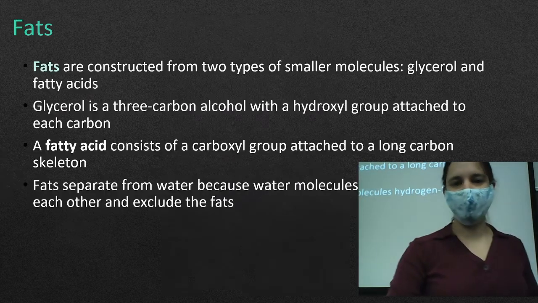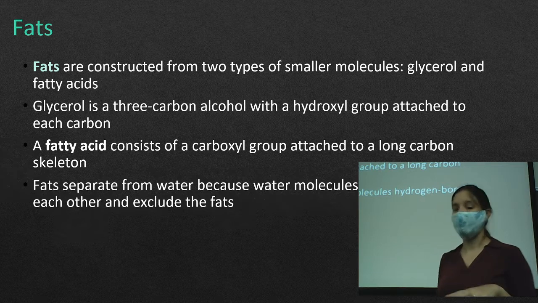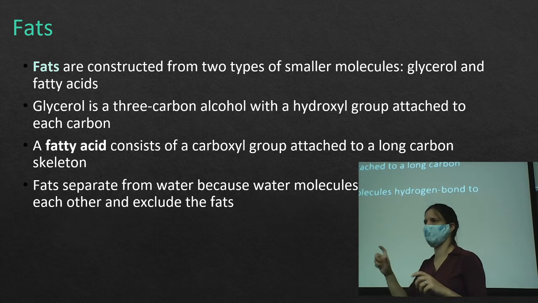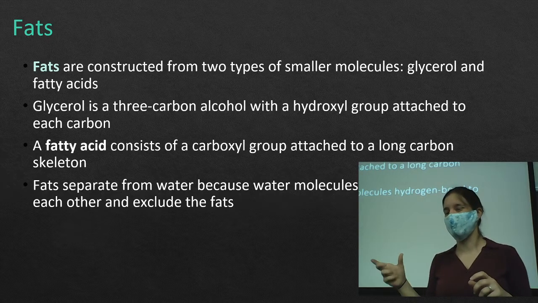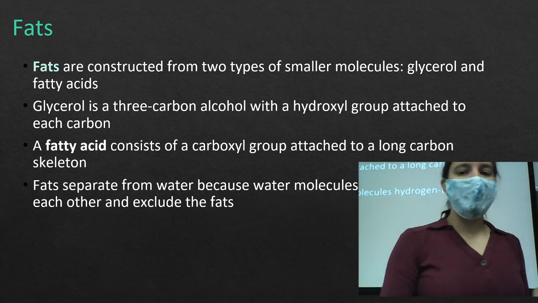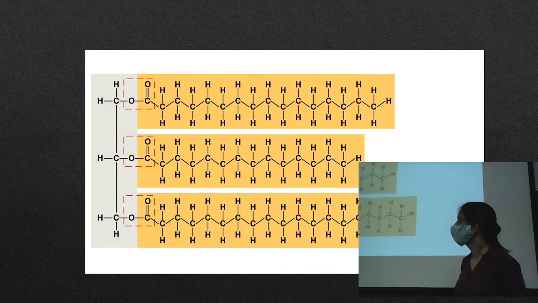And there are reasons for this. The first type we're going to talk about is fats. All right, so fats are going to be a fatty acid, which is this long, basically carbon-hydrogen chain, and something called glycerol. The picture looks like this. We've got long fatty acid chain, long fatty acid chain, long fatty acid chain.